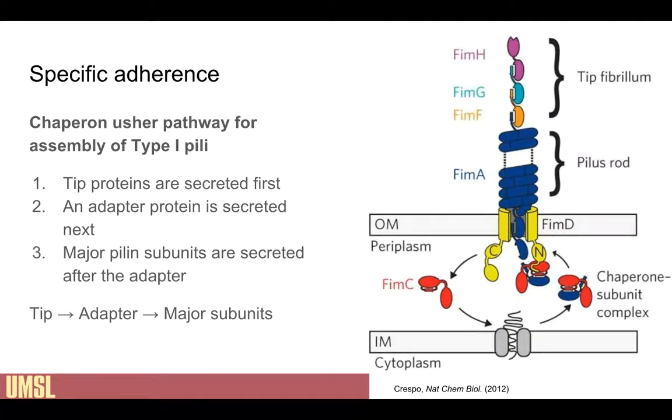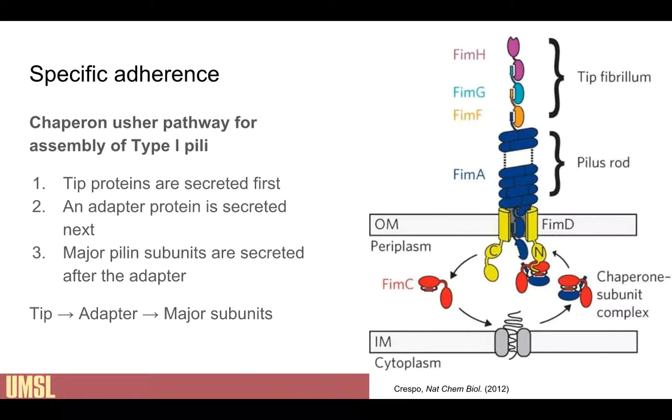They're bound by a chaperone that basically helps this subunit fold. And this chaperone delivers these subunits to this outer membrane pore, and these subunits are added onto this growing pilus rod, and then essentially these chaperones cycle around and continue building this structure.